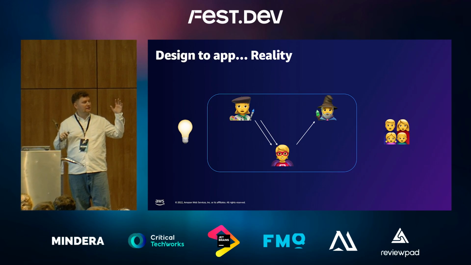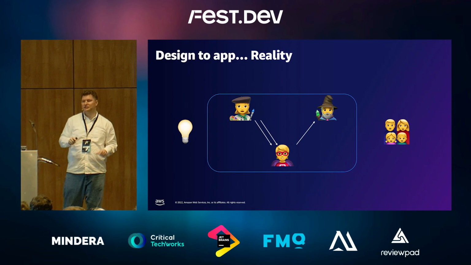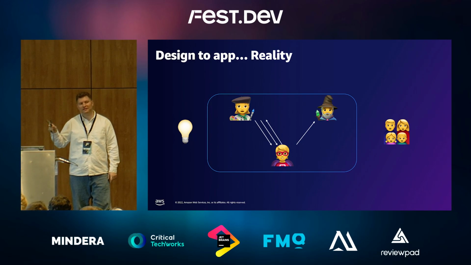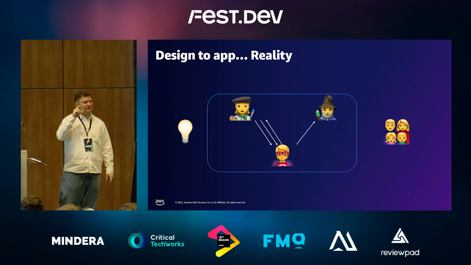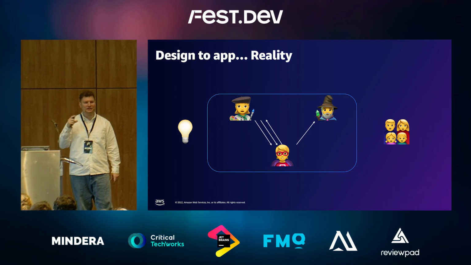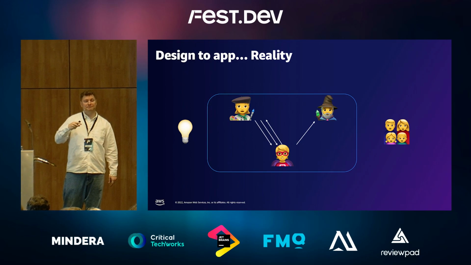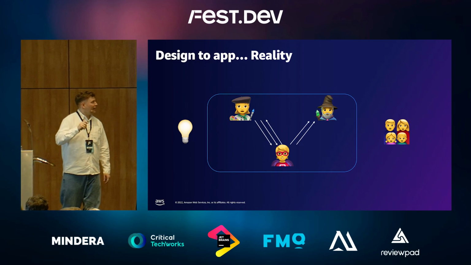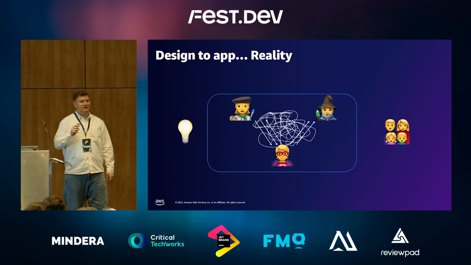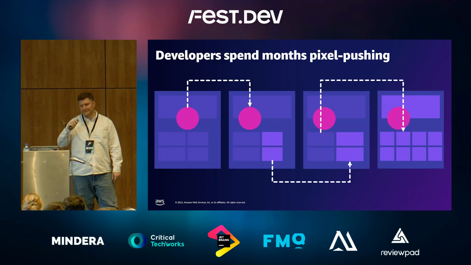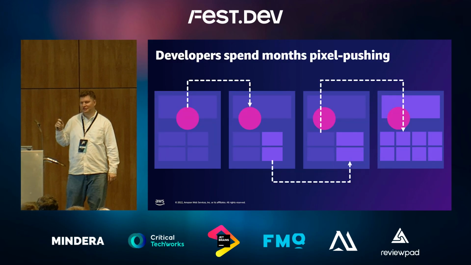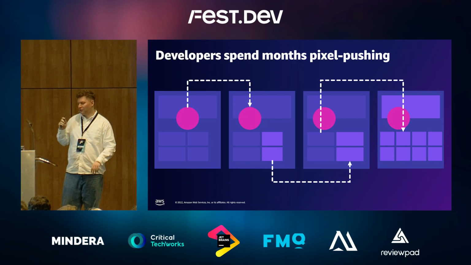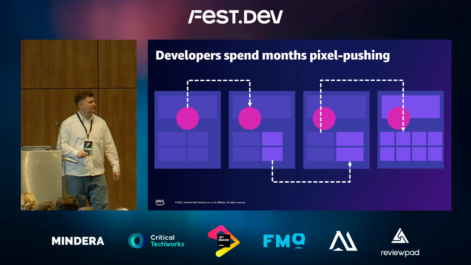We are getting more requests from designers to implement features, and if we can't implement these features, we go back to designers and say, hey, this is hard to implement, and we need to think how to make it easier, right? And after we iterate with back end, and iterate, sometimes developers spend a month to fix and push it because we need to do this grid or that grid or even that grid, right?